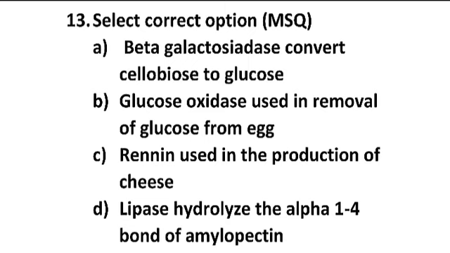Yes, rennin is an important proteolytic enzyme that is used for manufacturing of cheese. Option D is lipase hydrolyze the alpha-1,4 bond of amylopectin. This is not correct. Alpha amylase and beta amylase are used to hydrolyze the alpha-1,4 bond. So the right options are option A, B and C.